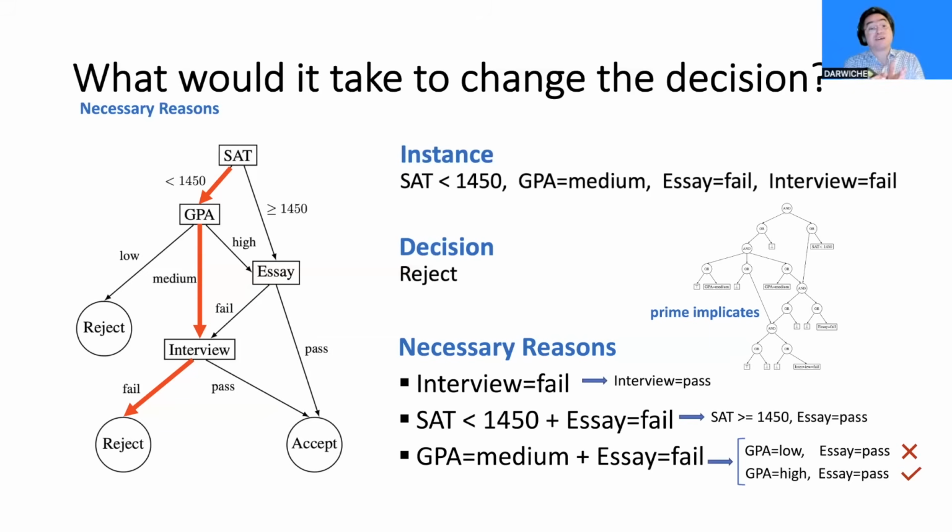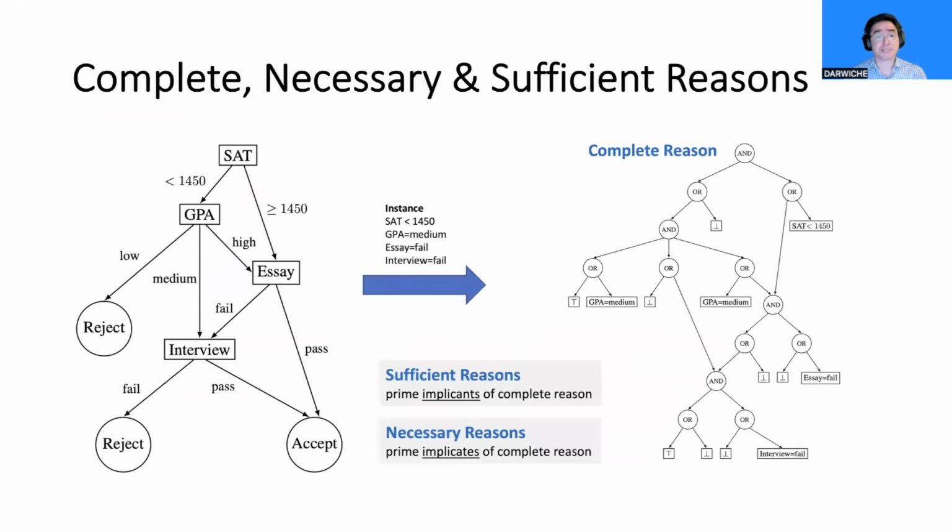And you'll see that the secret for doing that will rely on working with discrete logic as opposed to Boolean logic. And again, you'll see the details later. But again, people have been interested also in length minimal necessary reasons. This paper discusses them, including algorithms for computing them based on this theory that I discussed here. But there are other works in the literature that also discuss these notions.